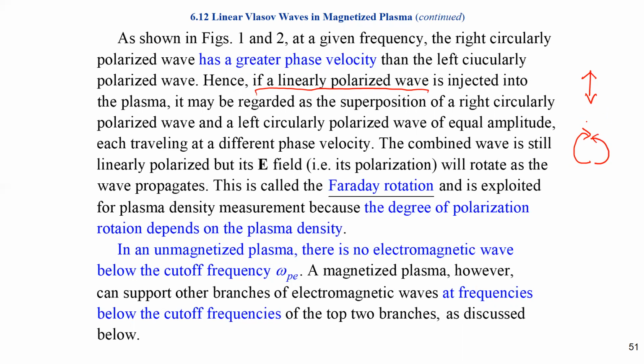A linear wave can be decomposed into a right-hand circularly polarized and a left-hand circularly polarized wave of equal amplitude. Each travels at a different phase velocity. The right hand is faster, and the left hand is slower. The combination wave will still be a linearly polarized wave, but its polarization will change.